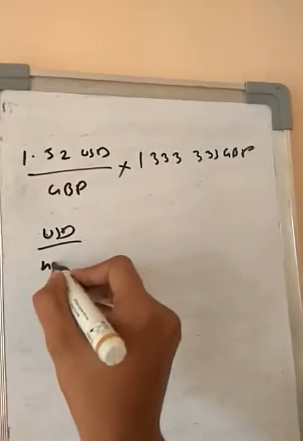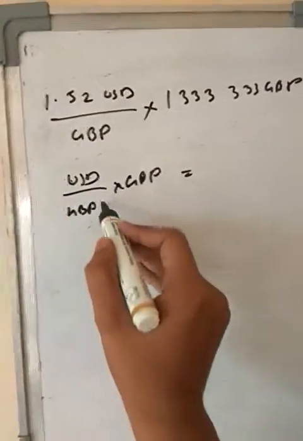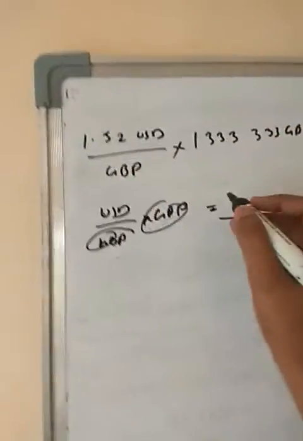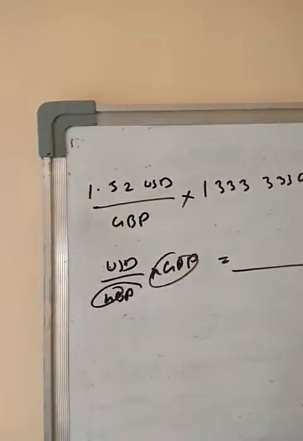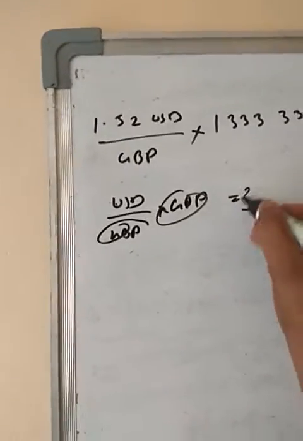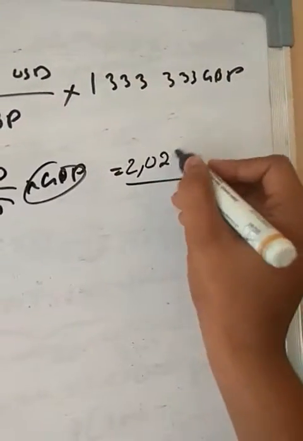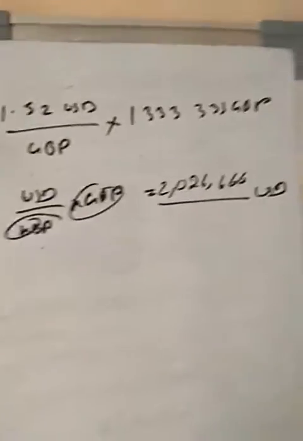USD divided by GBP into GBP, the GBP will get cut. The remaining answer will be in USD. So 1.52 into this, we are going to get an answer of 2,026,666 USD, right?